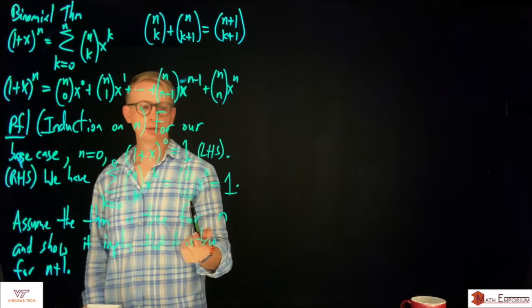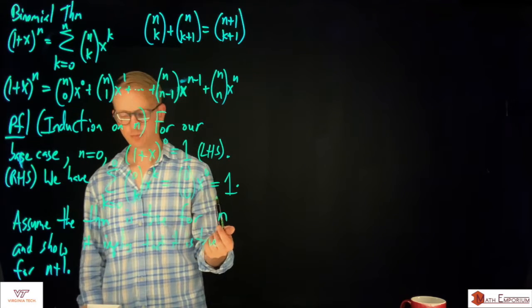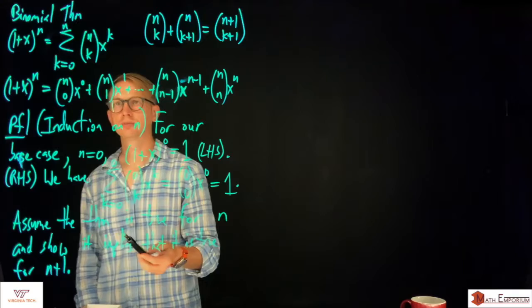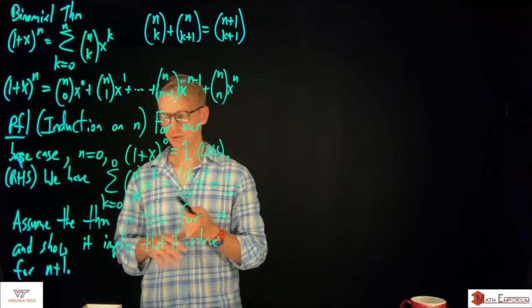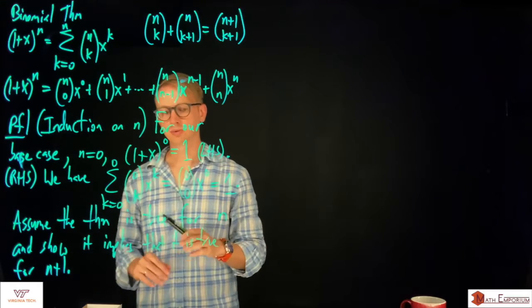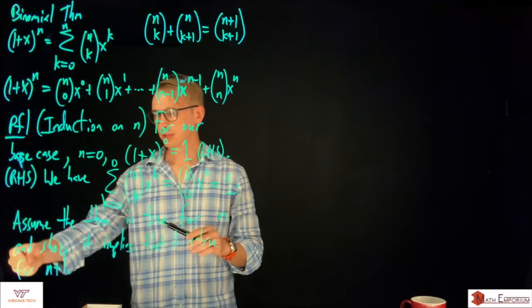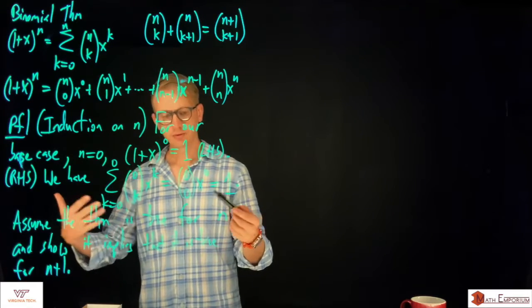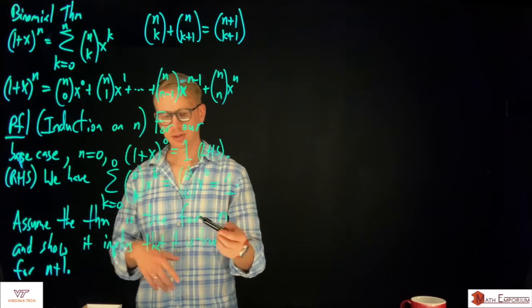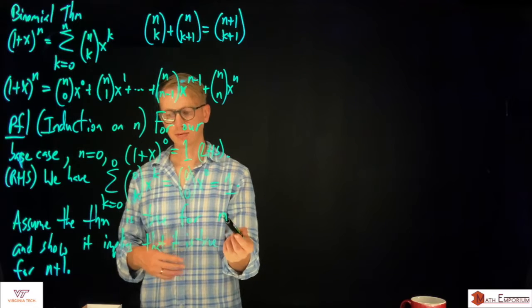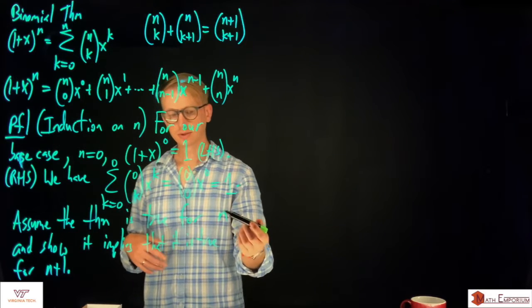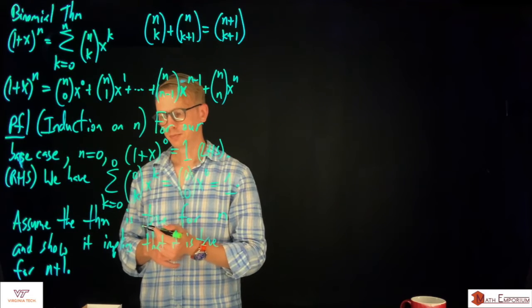Now the reason I'm not doing this is because we already have enough variables. I don't feel like that adds any clarity. It just makes the variable mess even more of a tangle. So I'm just going to use our raw variables n and n plus 1. Keep in mind when I do this sort of assumption, I am sort of fixing, in an abstract sense, a value of n, and I'm going to show that at this step n, where it apparently is true, it's going to imply the next one, n plus 1.